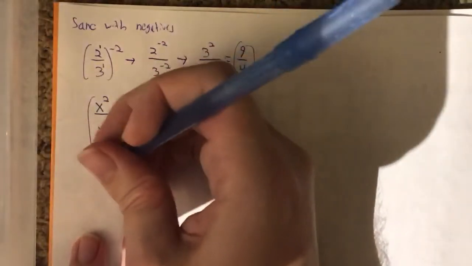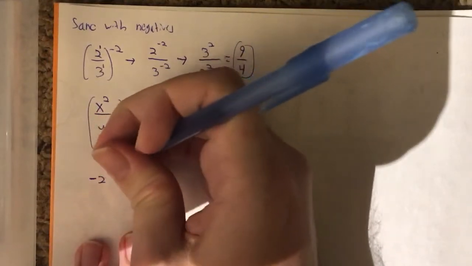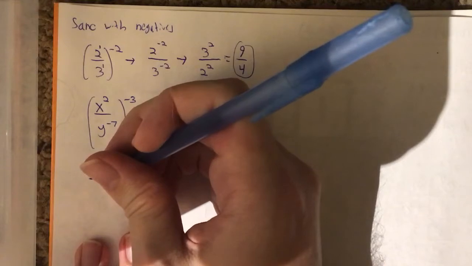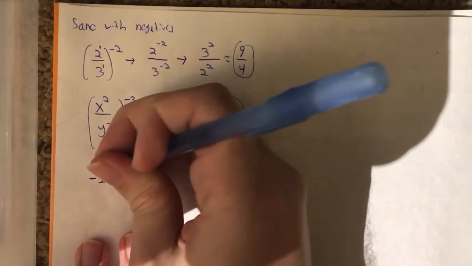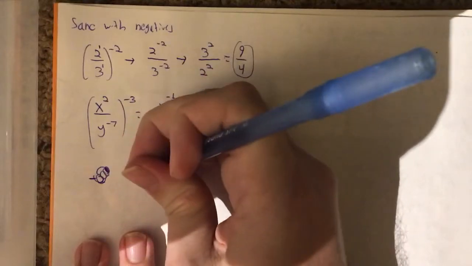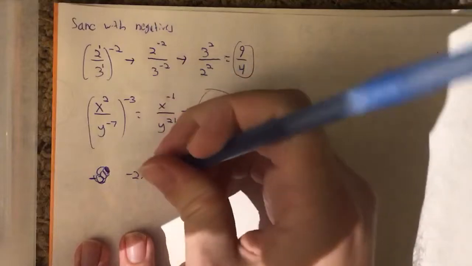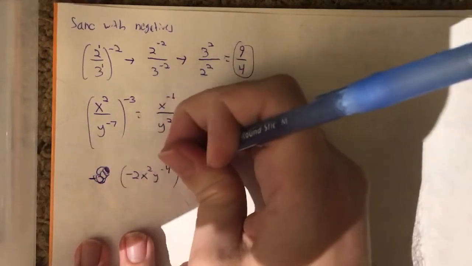Okay, let's look at another one. Let's do negative 2 x squared y to the negative 4, all to the negative 4.